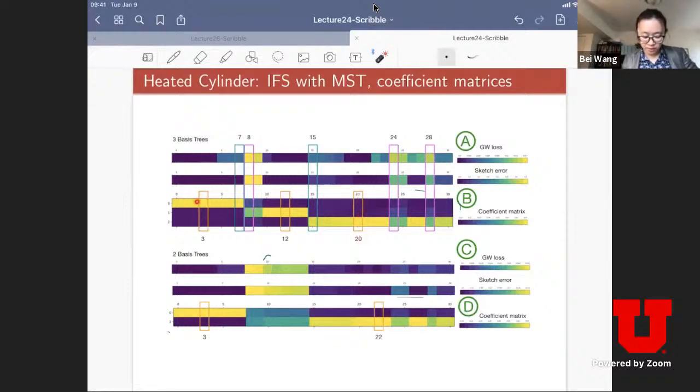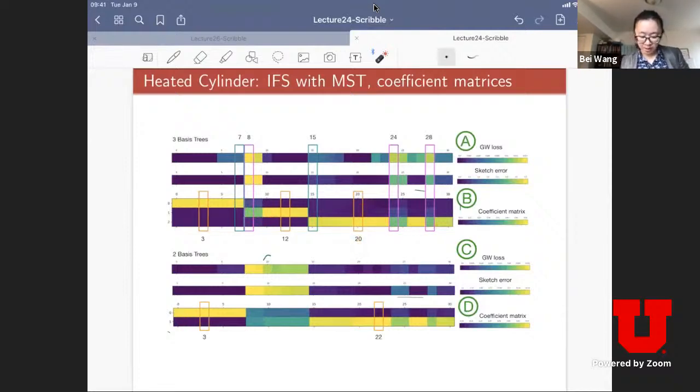And the rest, those nice block structures of yellow and green color, are basically telling us that among all the 31 instances of my input tree, they can roughly be clustered based on their coefficients with respect to each of the bases. So there are really 3 groups or 3 clusters of trees that share similar structures with respect to the chosen bases.